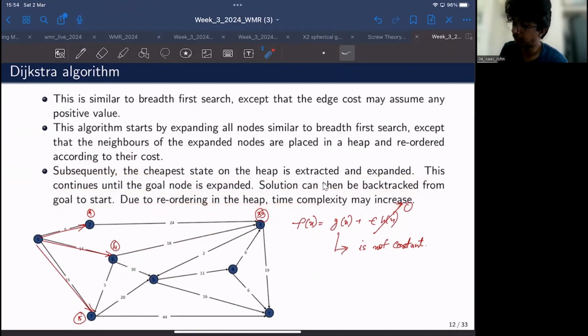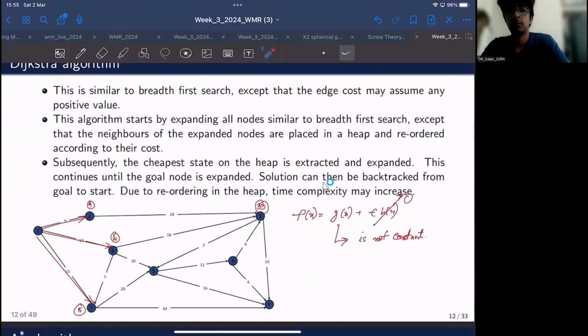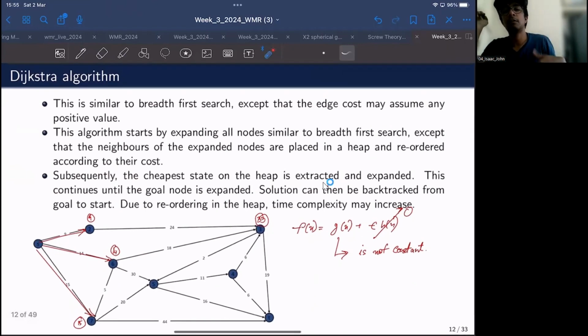Once you expand a node, the next node to be expanded is based on this reordering, in the sense of which node has the least cost. Since we are doing this for each and every node expansion, the time complexity can really go up. So that is one thing about Dijkstra algorithm. We'll solve a few problems on Dijkstra algorithm to see how it basically works.